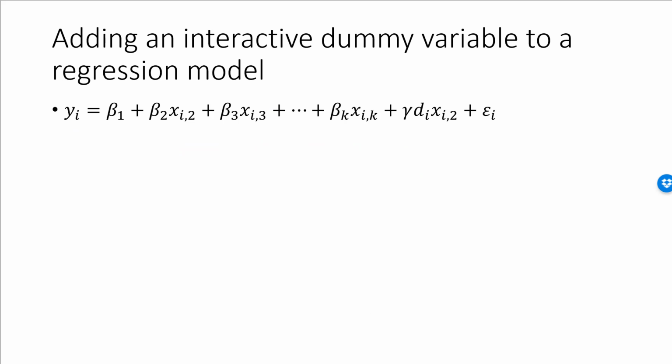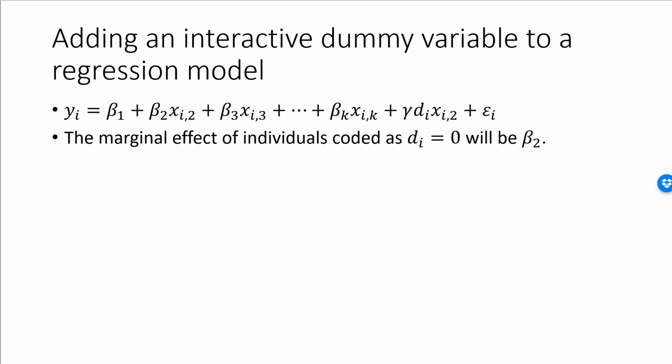So to summarize the whole thing, the marginal effect of individuals coded as 0 will be beta 2. This beta 2 in front of xi2 is the marginal effect of x2 on y.